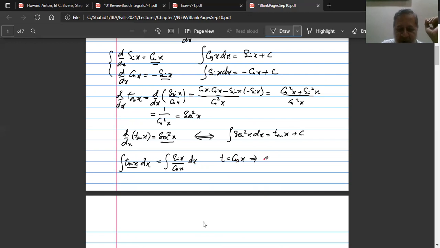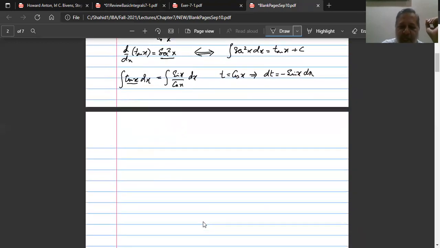That gives me the differential, dt by dx is equal to minus sine x, so dt is minus sine x dx. Now that helped me convert this integral into what? I have in the denominator cos x, which has to be replaced with t, whereas in the numerator I've got sine x dx.